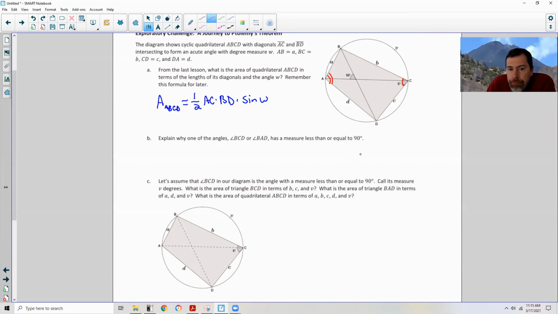Okay. The reason is opposite angles of a cyclic quadrilateral are supplementary.